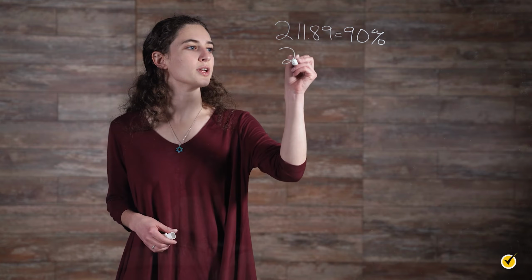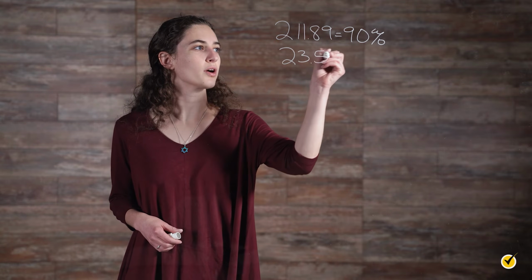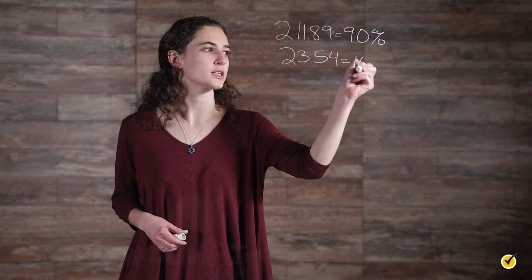Suppose your friend went shopping with you and used a coupon for an extra 10% off. This coupon was calculated after the total was calculated, so it came off the sale price. What was the total discount percentage from the original price if your friend spent $211.89? So if you have $211.89 is equal to 90%, then if you divide both sides by 9, you get 23.54 is equal to 10%.